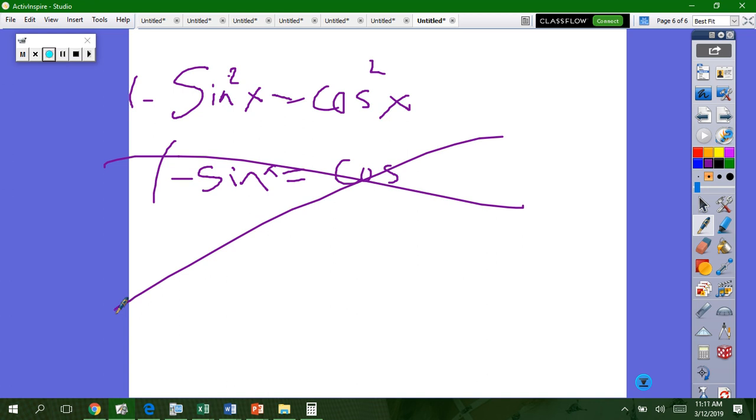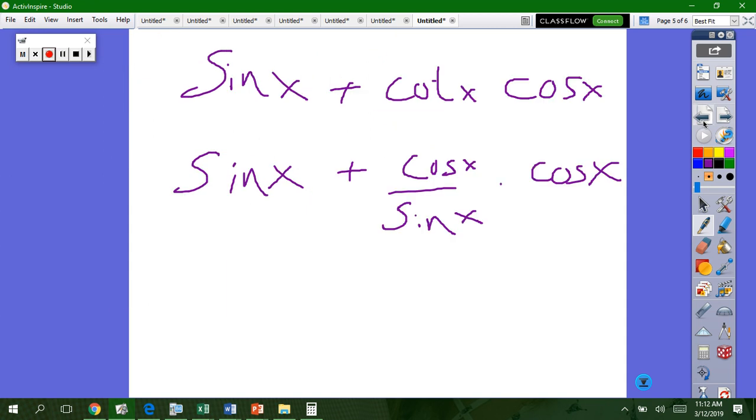No. Never, never. Because technically what you did was take the square root, and you said, oh, square root of 1 is 1, square root of negative sine squared is sine, right? But we can't do that because of this minus sign. Remember that? Thank you for bringing that up because I think it is still a valuable learning tool.